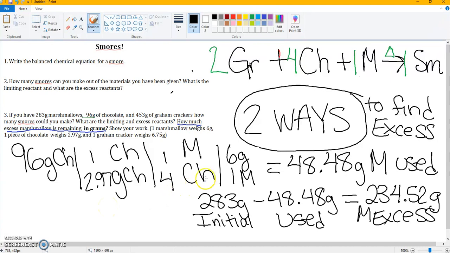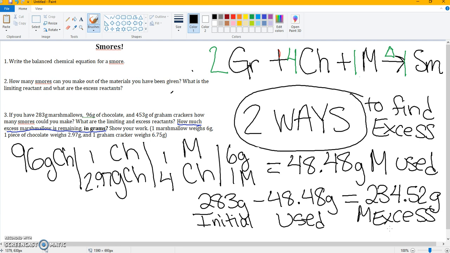So in this case, if I go all the way to grams, I have 48.48 grams of marshmallow used in order to react perfectly with my chocolate, which is my limiting factor. So then I take my initial minus the stuff that I used in my reaction, and that gives me an excess of 234.52 grams.